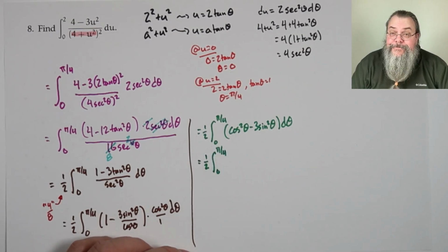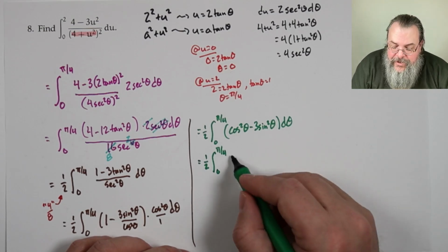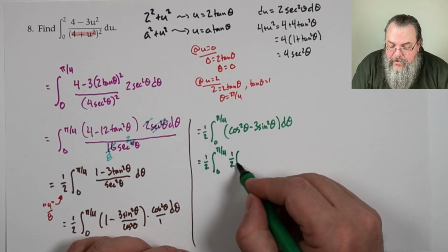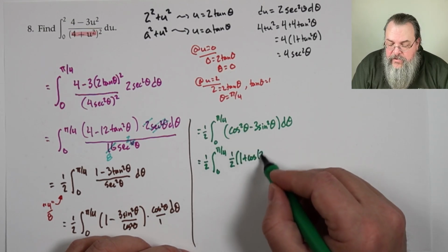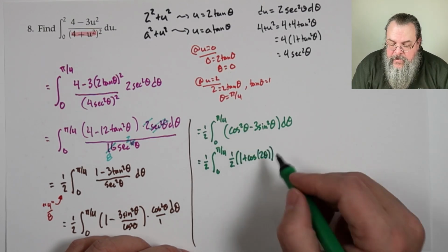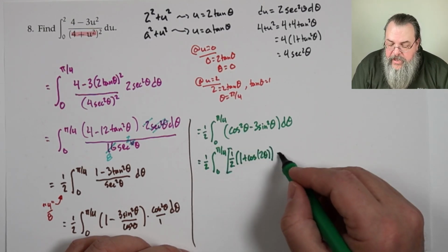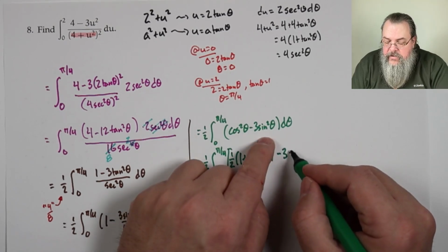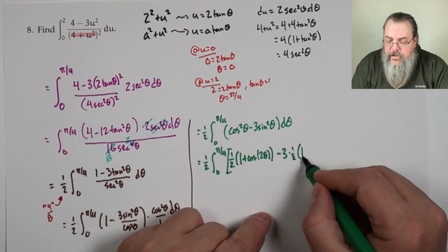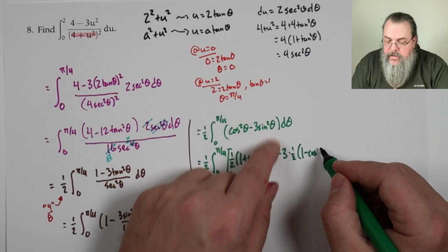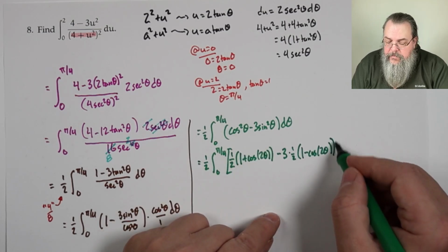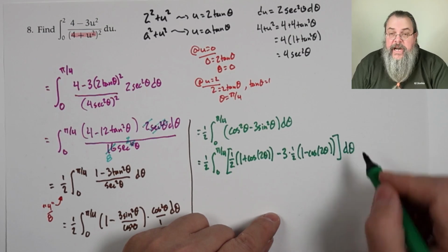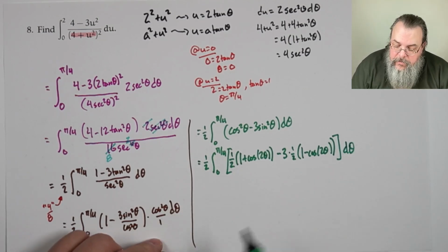Cosine squared. What happens to that? Well, cosine squared becomes 1/2, 1 plus cosine double that angle, 2 theta. Okay, so we have that. Minus 3. Sine squared is 1/2, 1 minus cosine double that angle. All right, and make sure we have enough parentheses and brackets. And we're almost there.